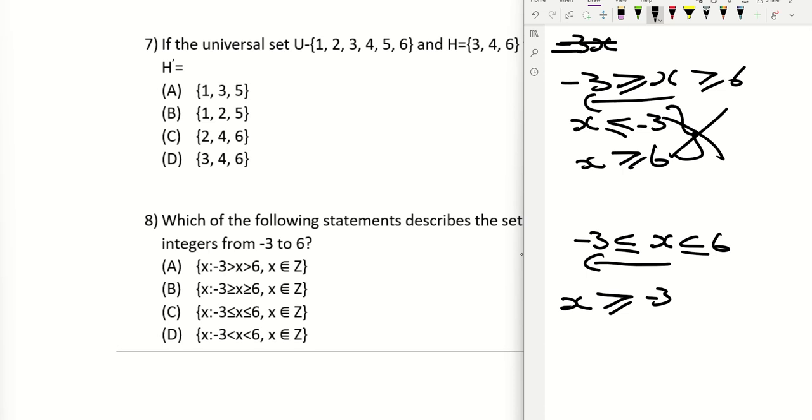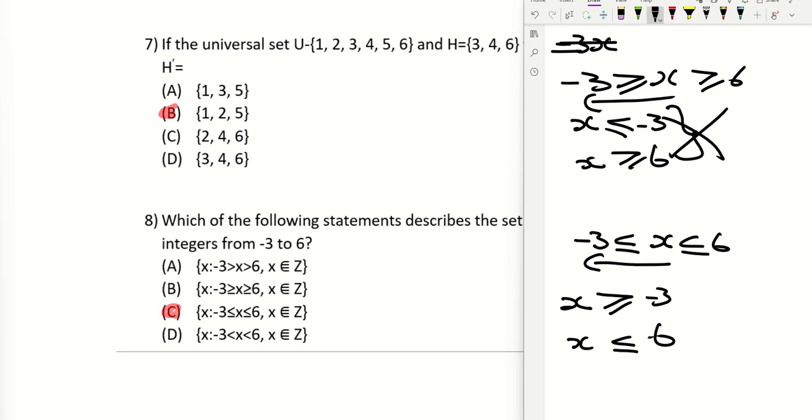So X is more than or equal to -3, and X is less than or equal to 6, which are the integers from -3 to 6. So the answer for number 7, I should say, is B, and number 8 is C. That's how you would do this question here.